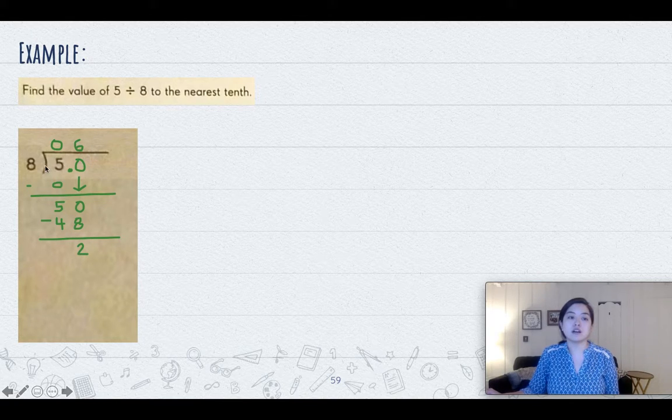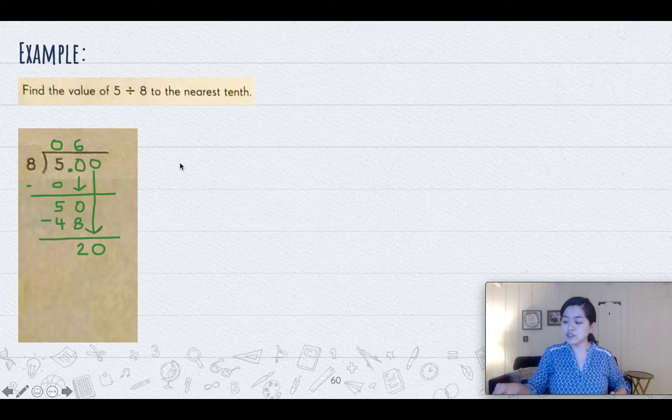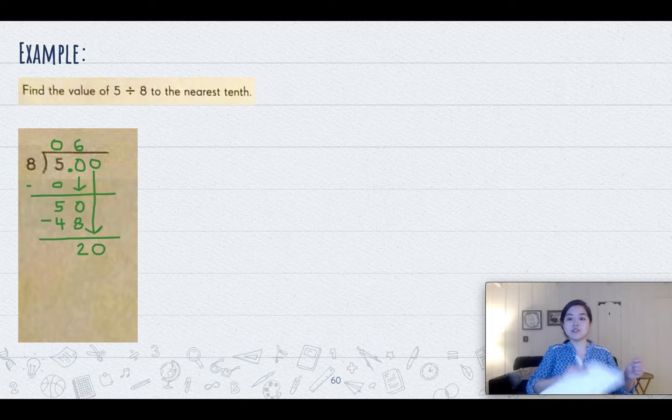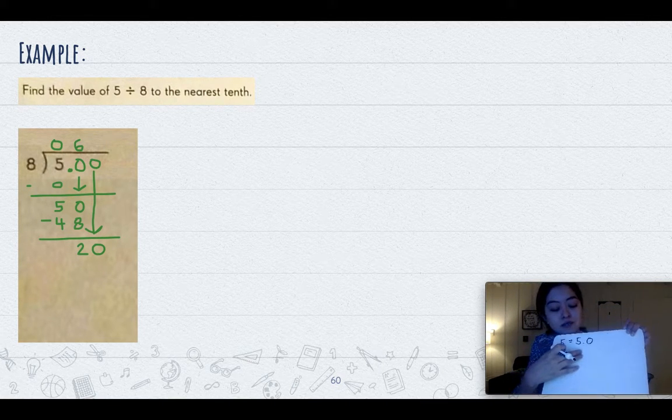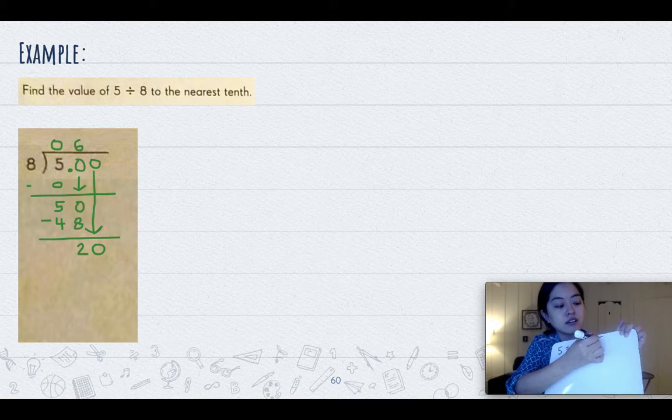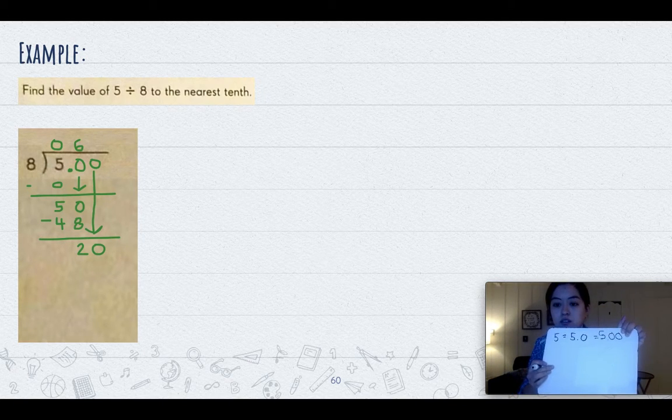Now, what I'm going to do is I'm going to add another 0 here, okay? And when I do that, I know that 5, my whole number, is the same thing as saying 5.0, which is the same thing as saying 5.00, okay? It's all the same value, okay?